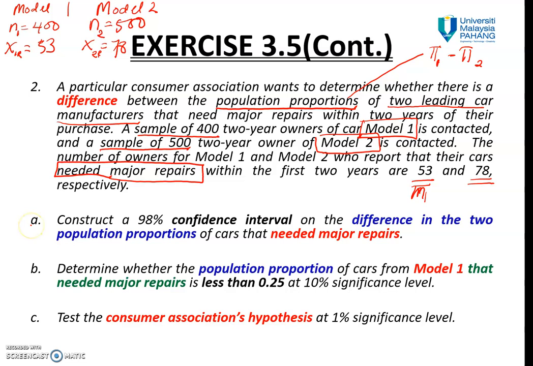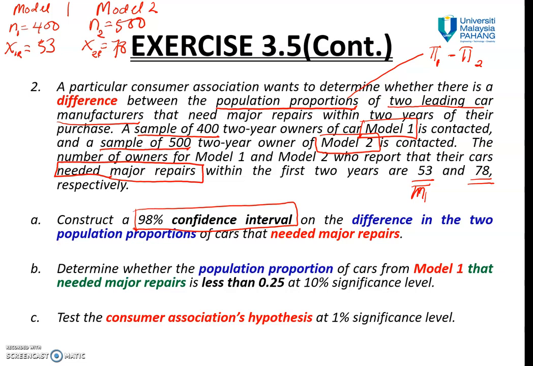So look at question E. Construct a 98% confidence interval on the difference in two population proportions of cars that needed major repairs. Important: a 98% confidence interval is not in chapter 3, this is in chapter 2.